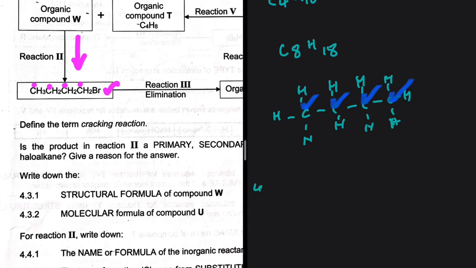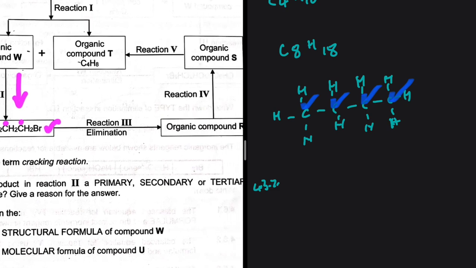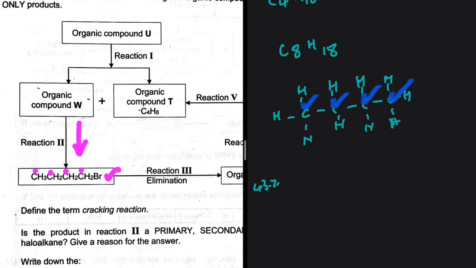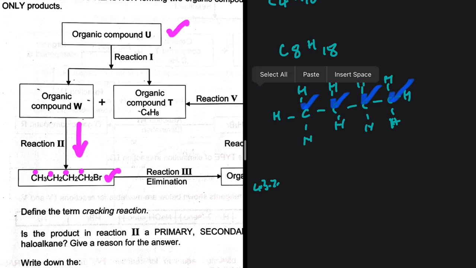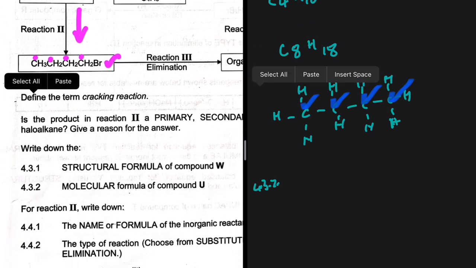Let's take a look at 4.3.2. Molecular formula of compound U. So let's go ahead and take a look at compound U. Compound U is the organic compound that we are starting with. Should be an obvious answer if you get 4.3.1 right.